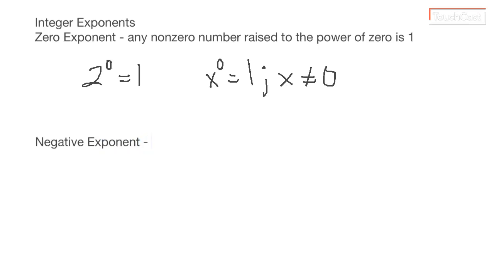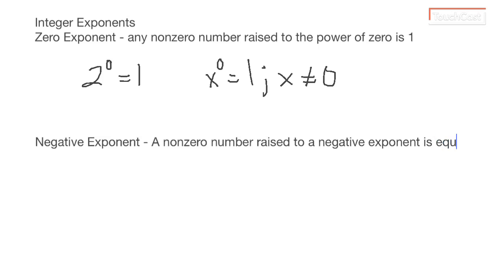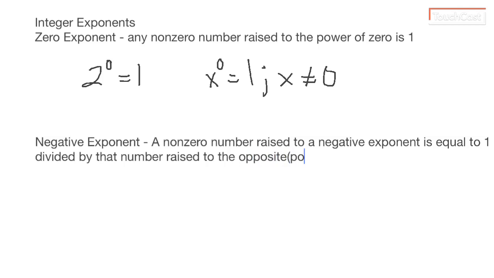In this case, a non-zero number raised to a negative exponent is equal to 1 divided by that number raised to the opposite, and in parentheses we can call it the positive exponent.